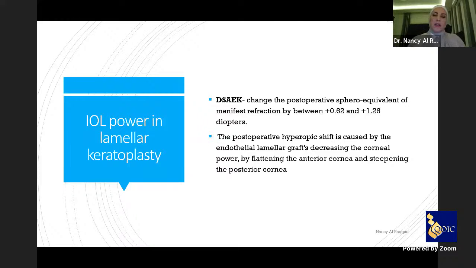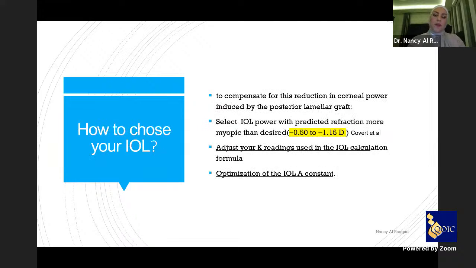And because there would be a postoperative hyperopic shift, it's usually better to compensate for that by three methods. You can select an IOL power by a predicted refraction of around -1 diopters, because usually the myopia lies between -0.5 and -1.5, according to a study by Covert et al.